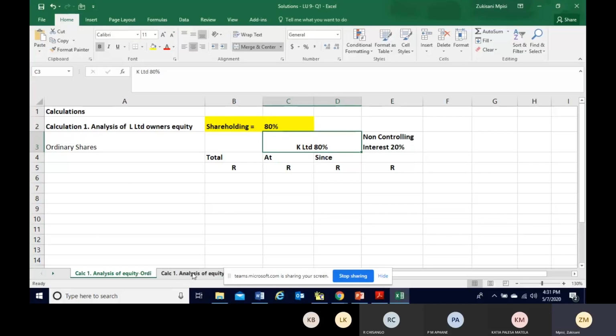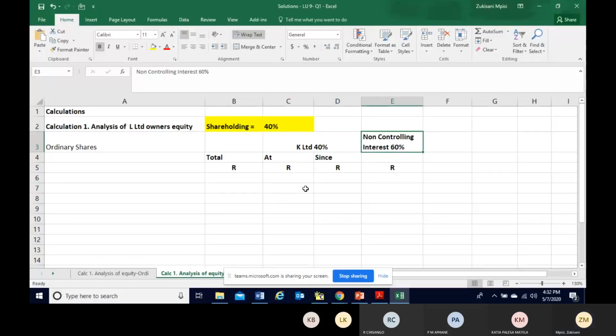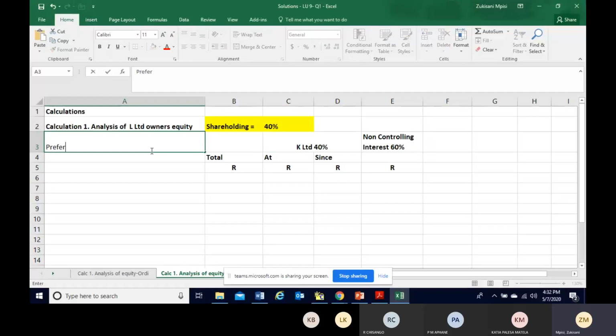And from preference shares, the 8,000 that we have acquired divided by 20,000. KLTD has 40%, non-controlling interest has 60%. Despite them having more than 50%, we're still calling them non-controlling interest, mainly because it's a technicality in the calculation for the preference shares.